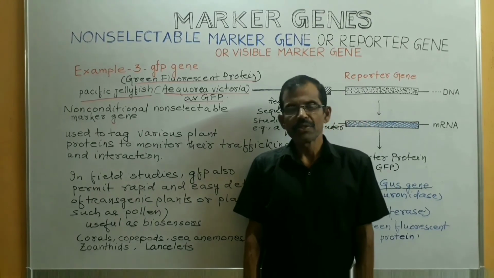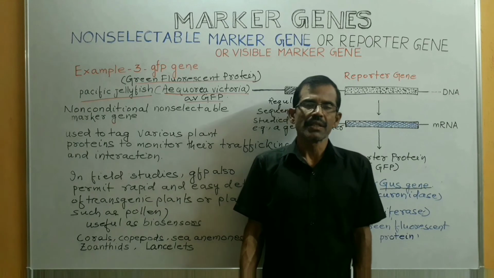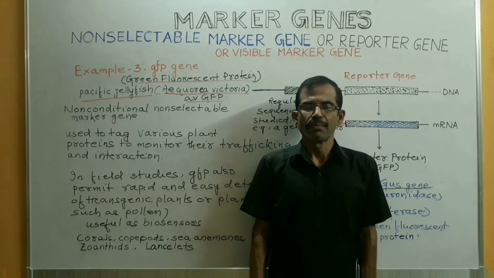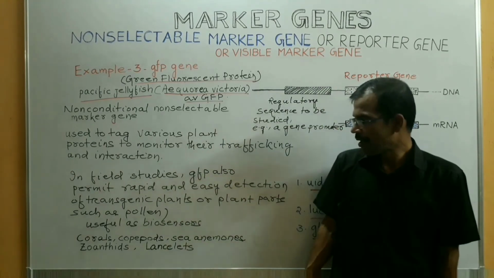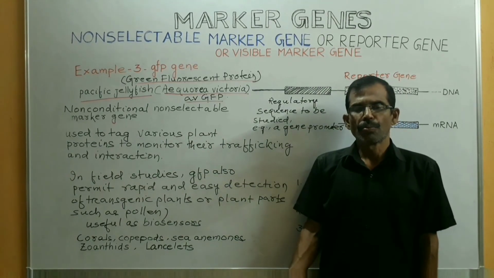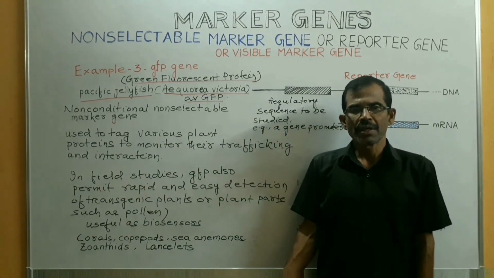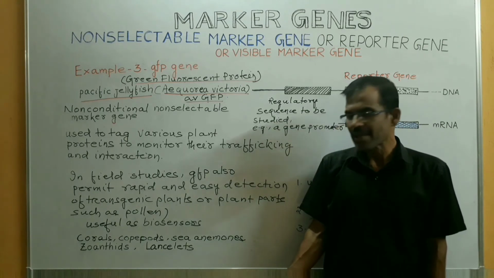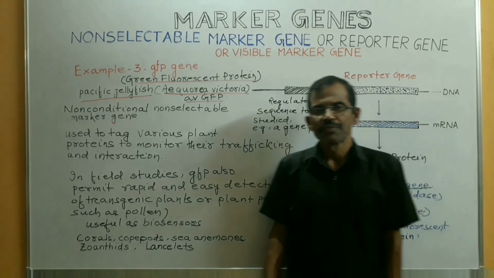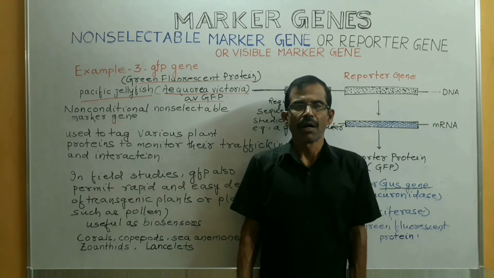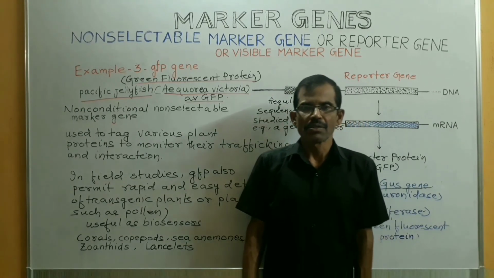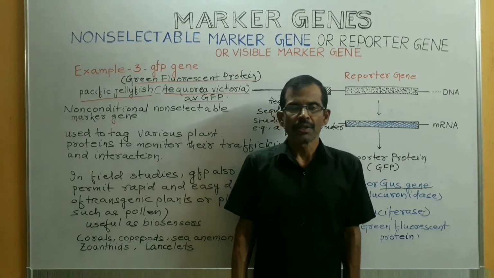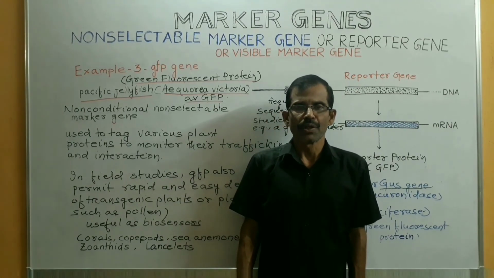The GFP gene is not only present in the Pacific jellyfish but also in various animals like corals, copepods, zoanthids, sea anemones and lancelets. Friends, this is about various reporter genes like the GUS gene, LUC gene and GFP gene.